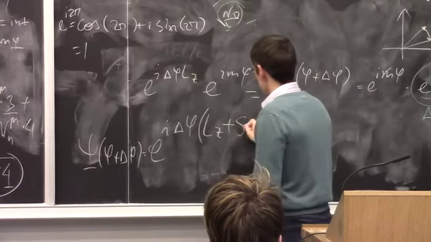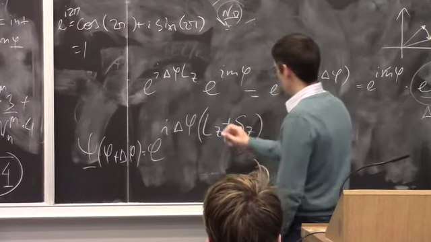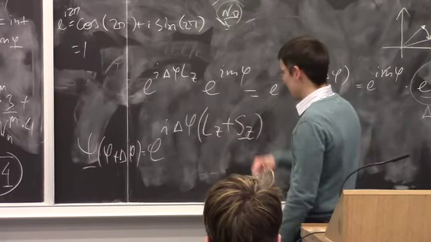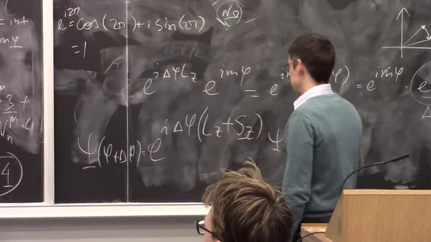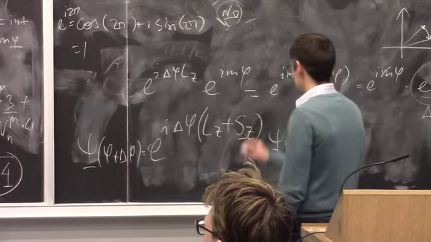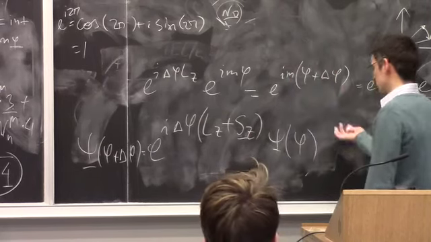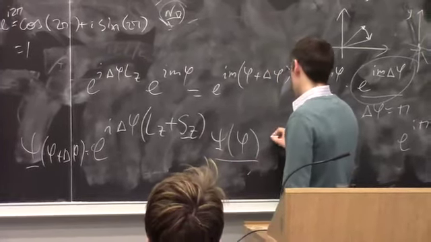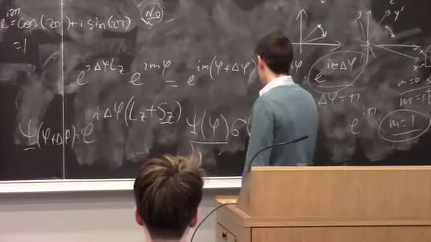It also has an extra angular momentum component, which is Sz, which acts on the spin part of the function. So this is a spatial part, but then there should be some kind of spin function.